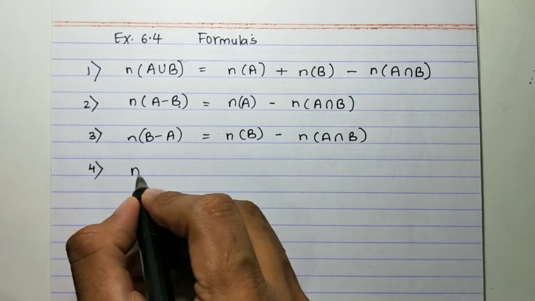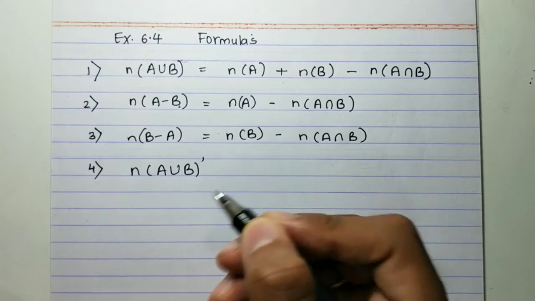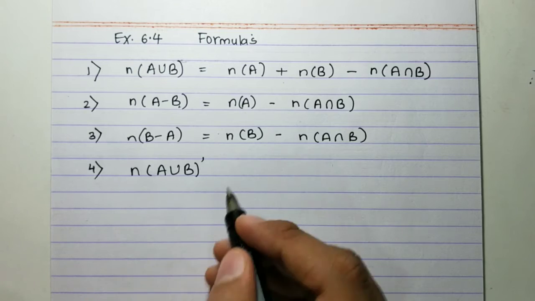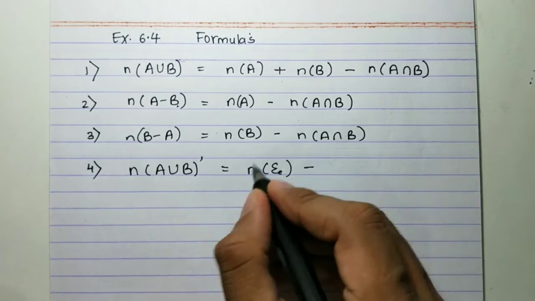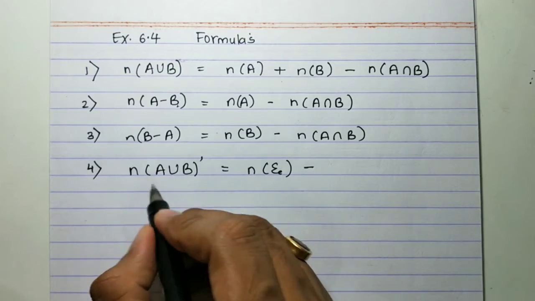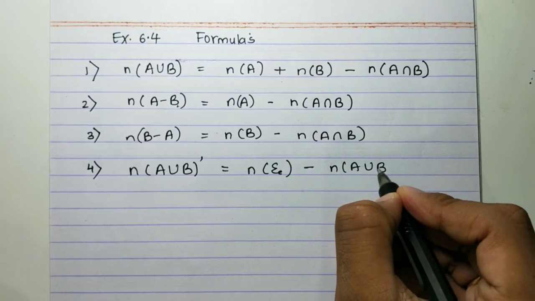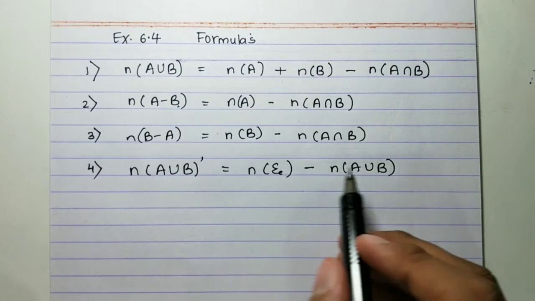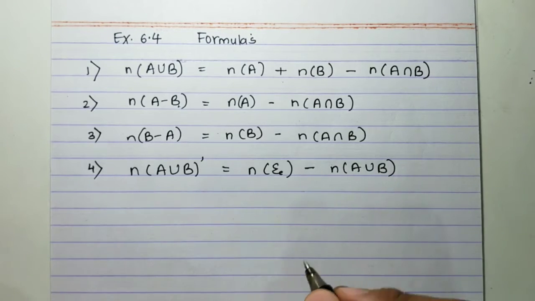For example, if you want to find the complement of A union B, you subtract A union B from the universal set. We will get the complement.